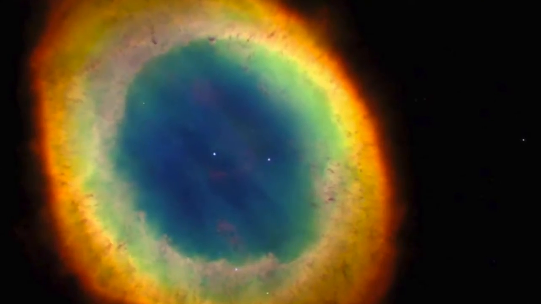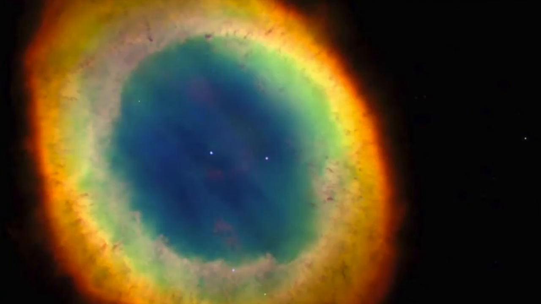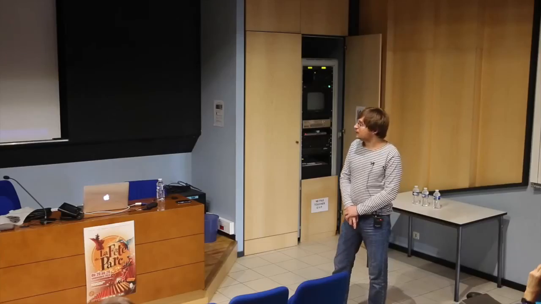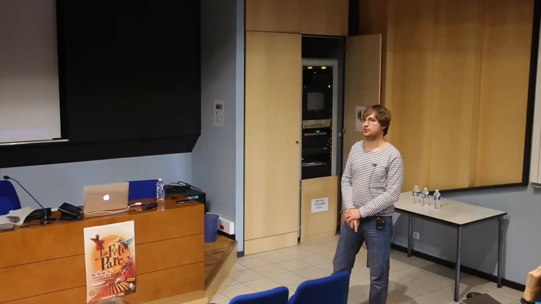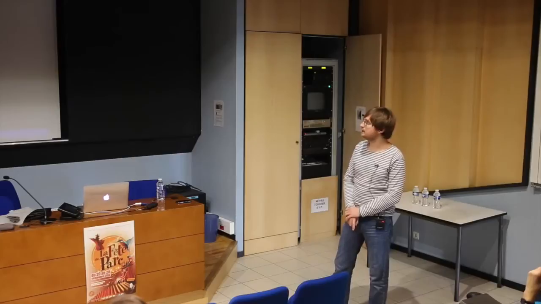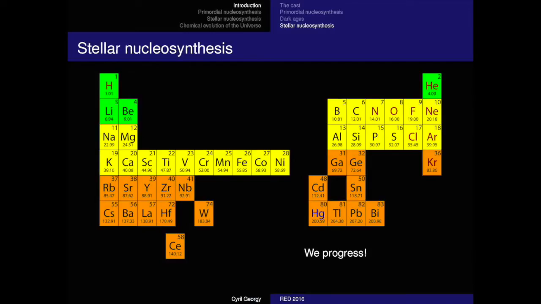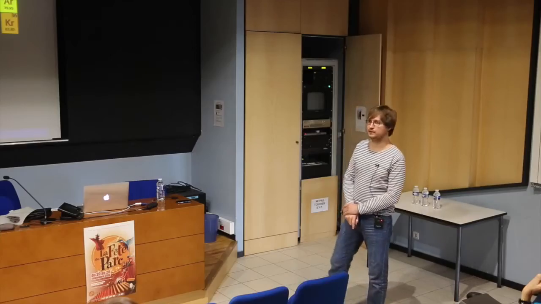So this is not a very efficient way of enriching the universe. But in the outer layer of these low-mass stars, sometimes you have some exotic processes called the S processes that are able to produce some other elements and progressively fill this periodic table of the elements. So you have all this kind of element here that can be built in this way.